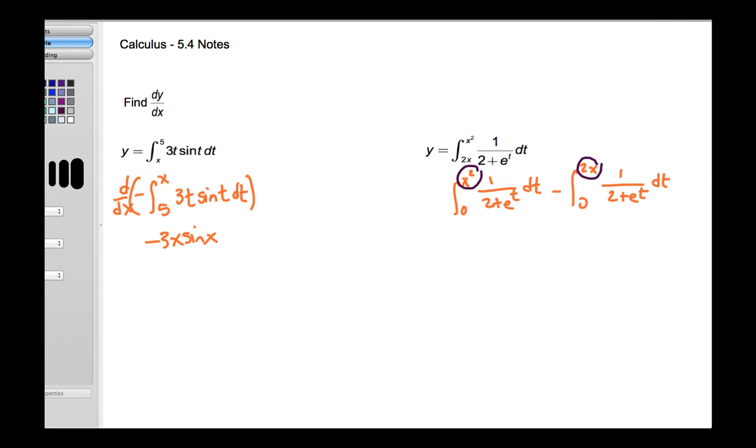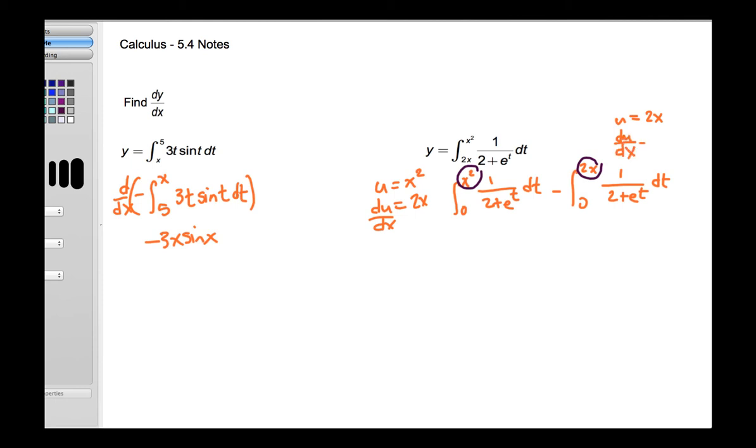Over here, though, once we get figured out what our limits of integration should be, don't forget that if we let u equal x squared, then du is equal to 2x dx, or du dx would be 2x. And then on this side, if we let u equal 2x, then du dx is going to be 2.